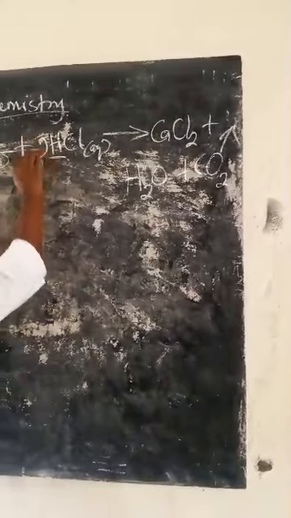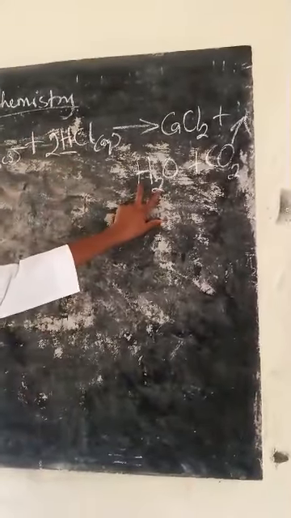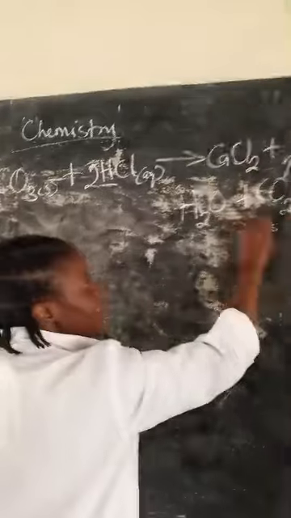The equation is not balanced. We put 2 here, then it is balanced. We have 2 moles, so the equation is balanced. So you can see carbon 4 oxide is evolved.